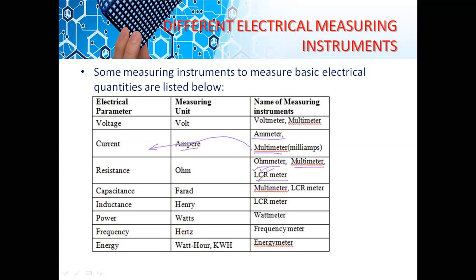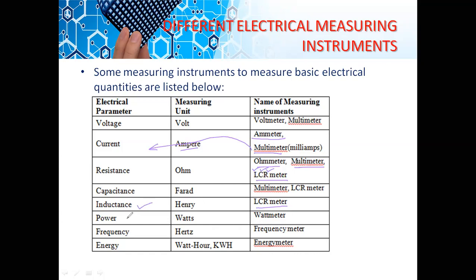That's how the name comes, LCR meter. Now, capacitance is an electrical parameter with measuring unit farad. Multimeter and LCR meter can be used. Similarly, LCR meter can be used to measure inductance also. The unit of inductance is henry.